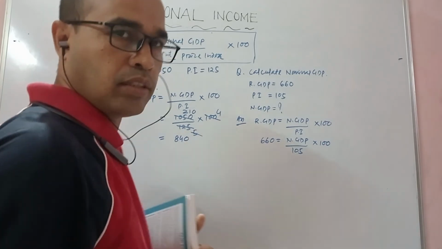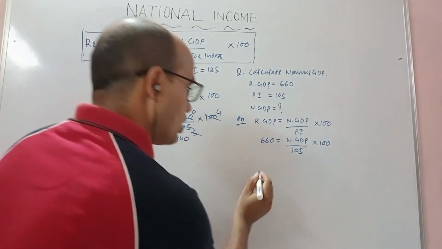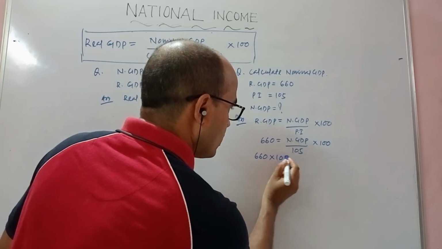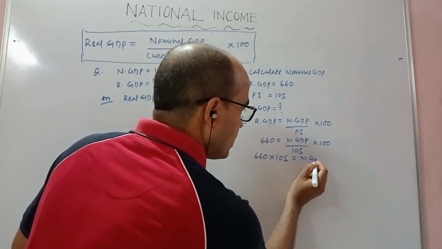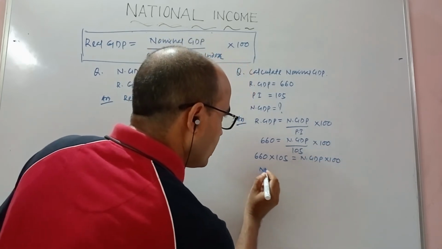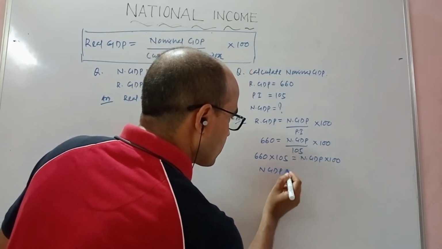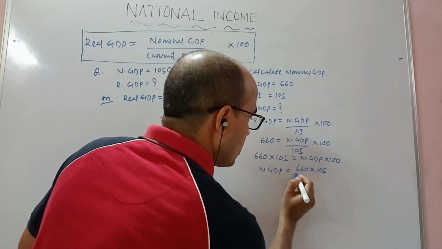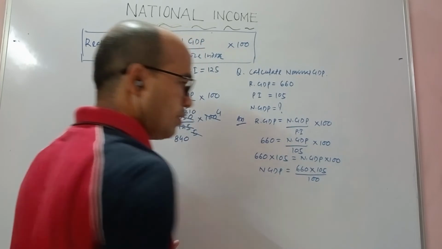Dear students, you people know cross multiplication. So what you do? Now 660 into 105 is equal to nominal GDP into 100. So nominal GDP is equal to 660 into 105 divided by 100.